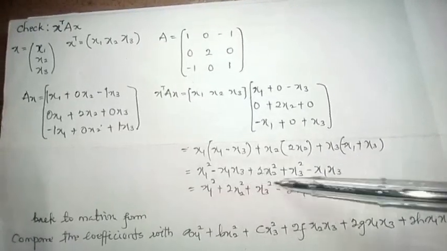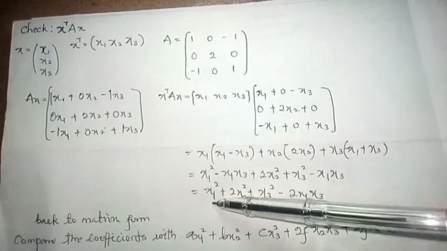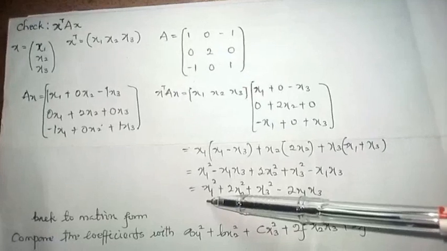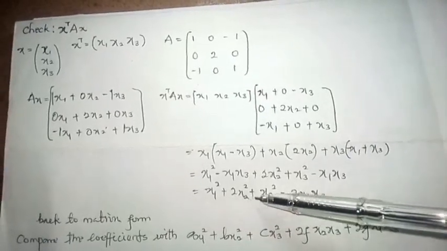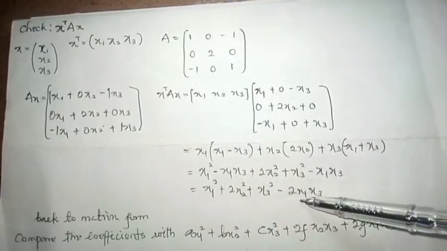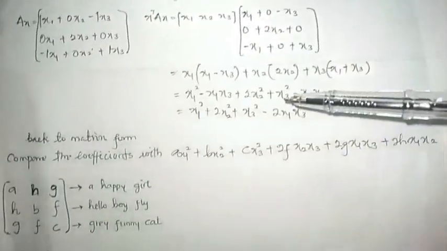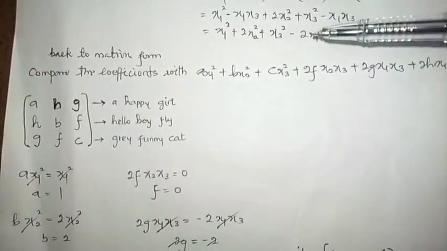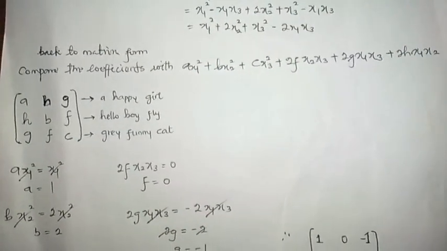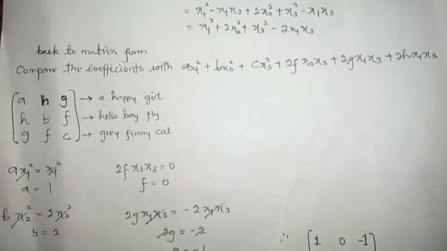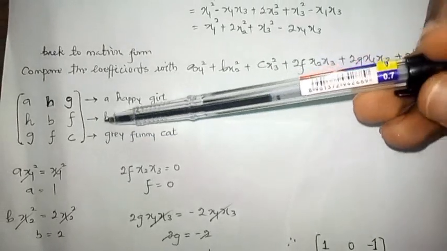So when we fix everything, we got the quadratic form of the matrix as x1 squared, 2x2 squared, x3 squared, minus 2 x1 x3. Then we took it back to the matrix form. So I got to look at it that writing out the matrix form could give us issue in alphabet.